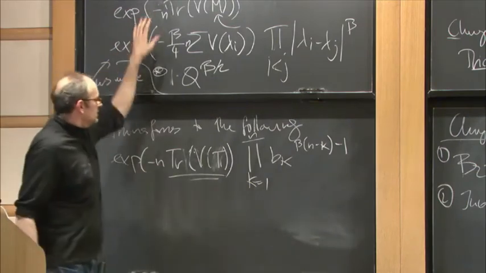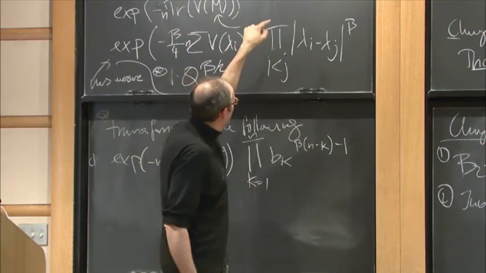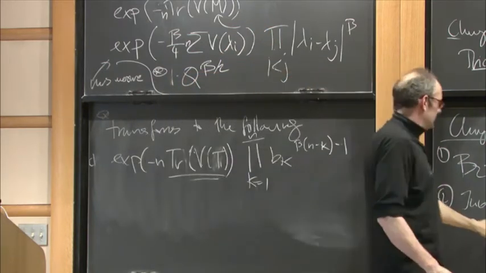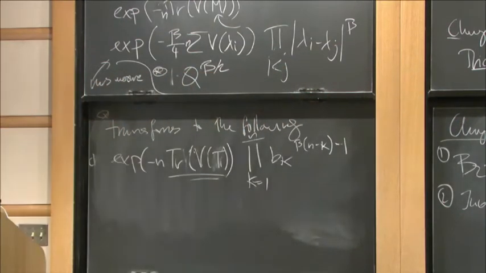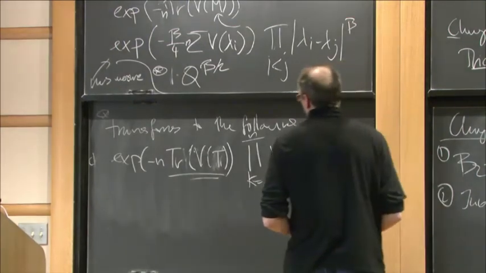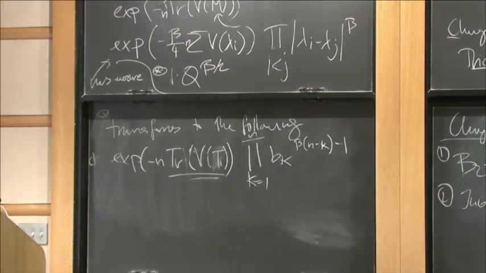And then you have a product for k equals 1 to n of b_k to the power beta times (n minus k) minus 1. This beta times n minus k comes from this and this equality. This thing partly comes from this Q and Vandermonde, and this minus 1 comes from the Jacobian. Okay, so that's what we get. And now what we do is sit down and look at this thing.